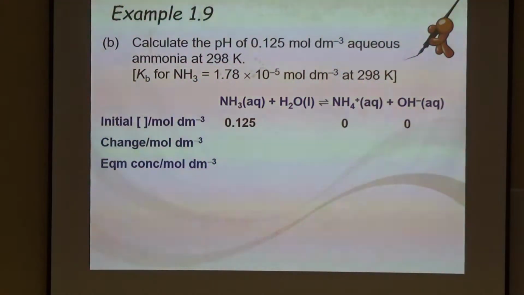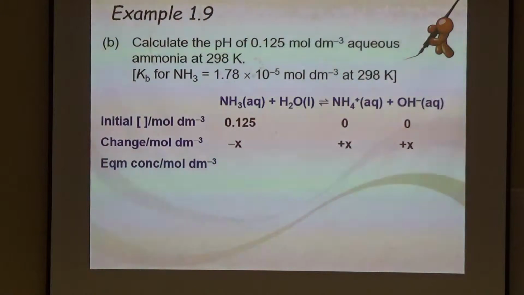Can you get this? Initial. You don't know what the change is, right? So you put X. So the ammonia should decrease, the ammonium should increase, the OH minus should increase. For the water, you don't have to write anything, or you can put a dash.